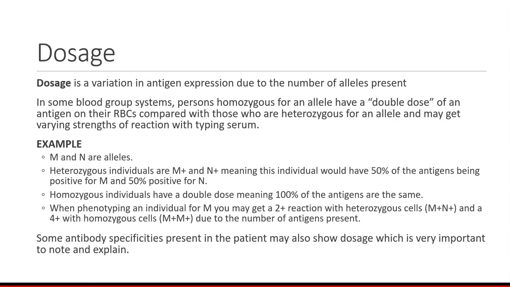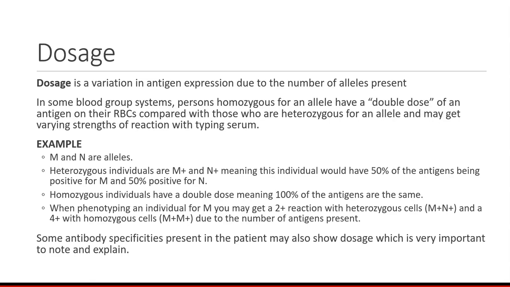So when you're phenotyping an individual for M, you may get a 2+ reaction with heterozygous cells, M-pos, N-pos, and a 4+ with homozygous cells. They have a double dose of M due to the number of antigens present. Remember, in a heterozygous cell, you're going to have 50% of the antigens being one or the other.